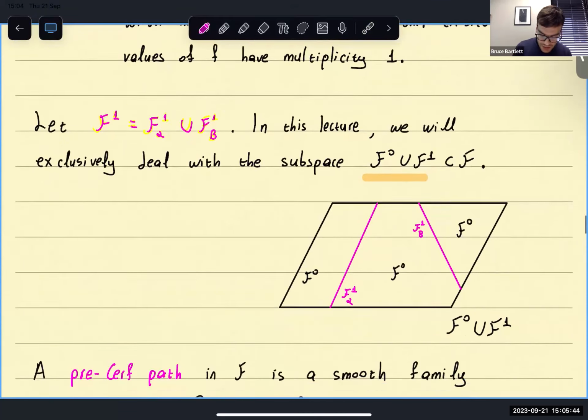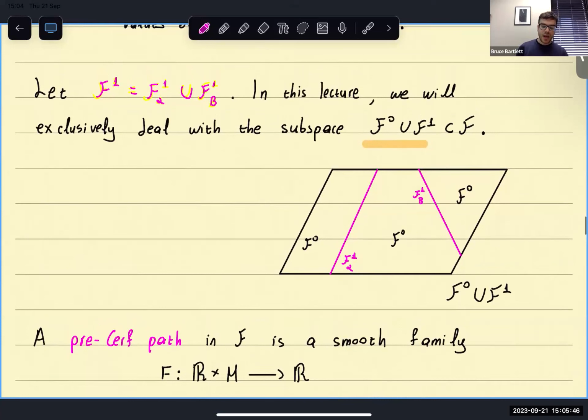Okay, and here is a little bit of a pictorial. F0 union F1 is what one may call a stratified space, where F0 and F1 are the strata.